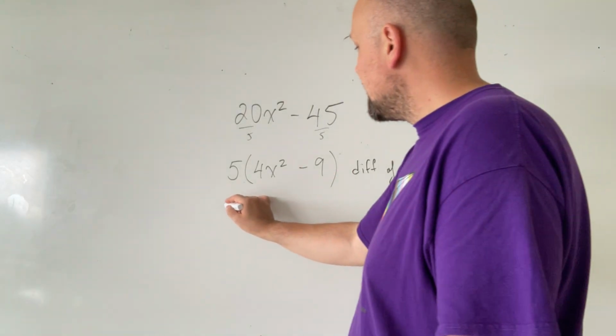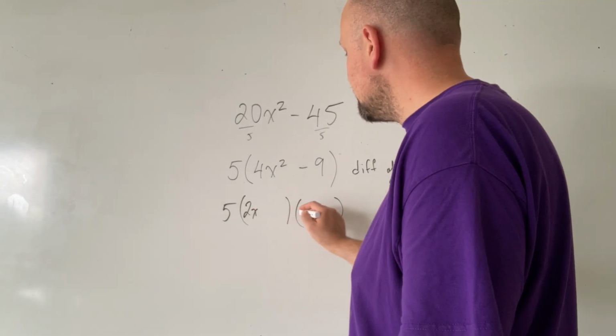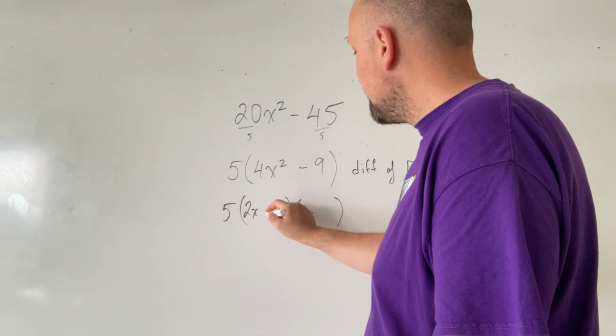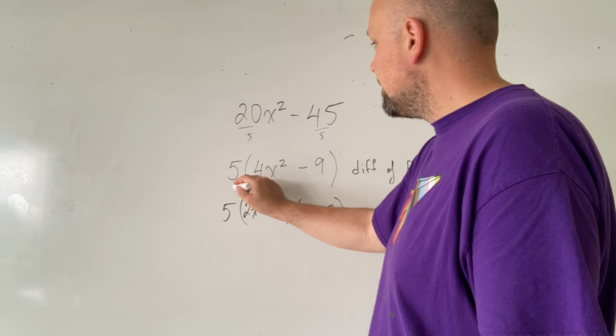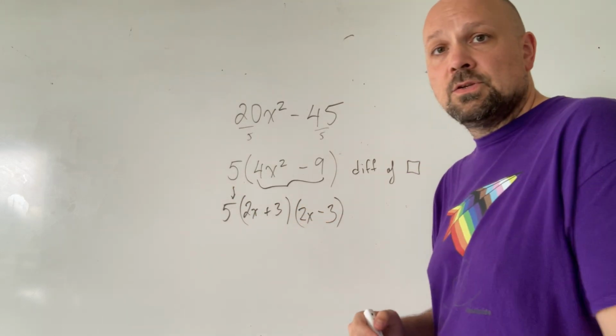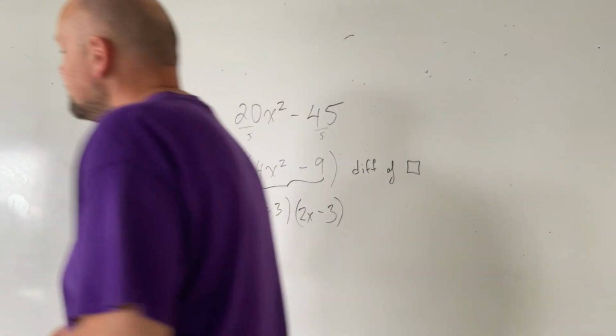And so that means that this 4x squared had to come from 2x times 2x, and the minus 9 had to come from plus 3 minus 3. And that's it. So there's my 5, and then this part broke down into 2x plus 3, 2x minus 3. Okay? So there's one example.